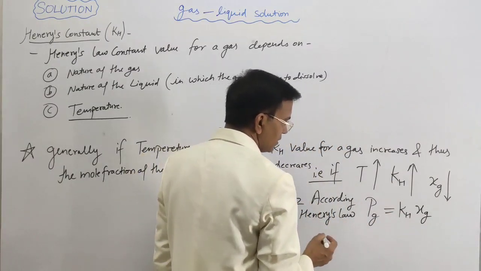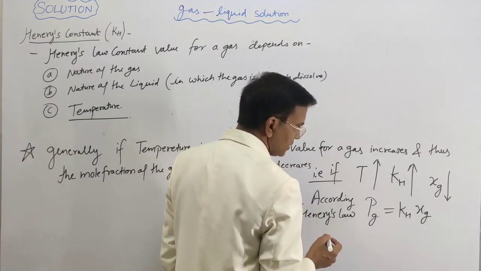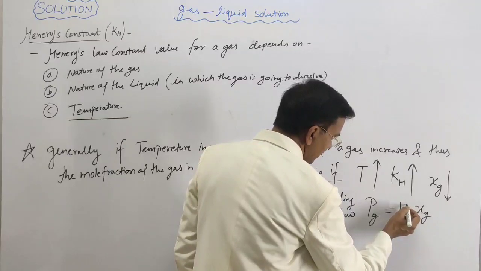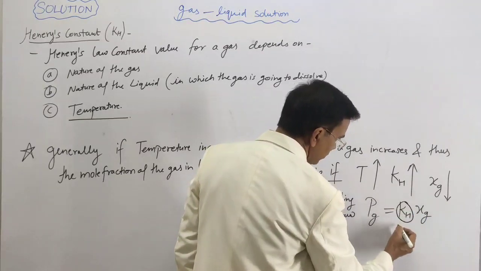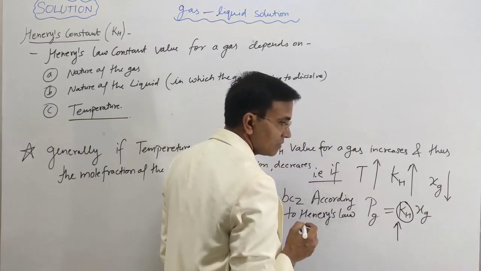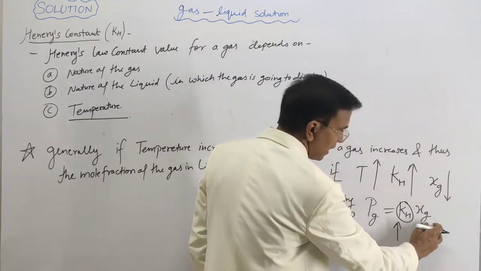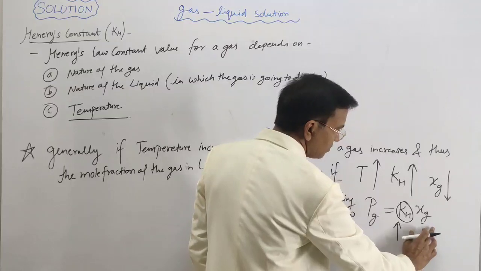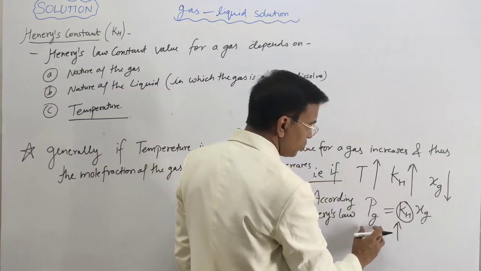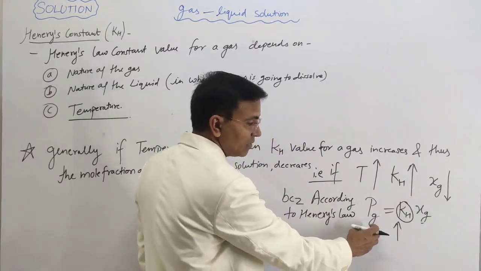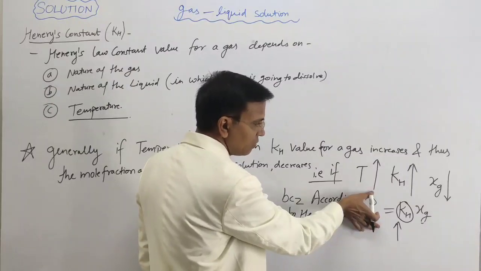So if the temperature increases, the kH value increases here. If this kH value increases, then the product of kH and the mole fraction of gas must be constant, because the pressure is not varying.